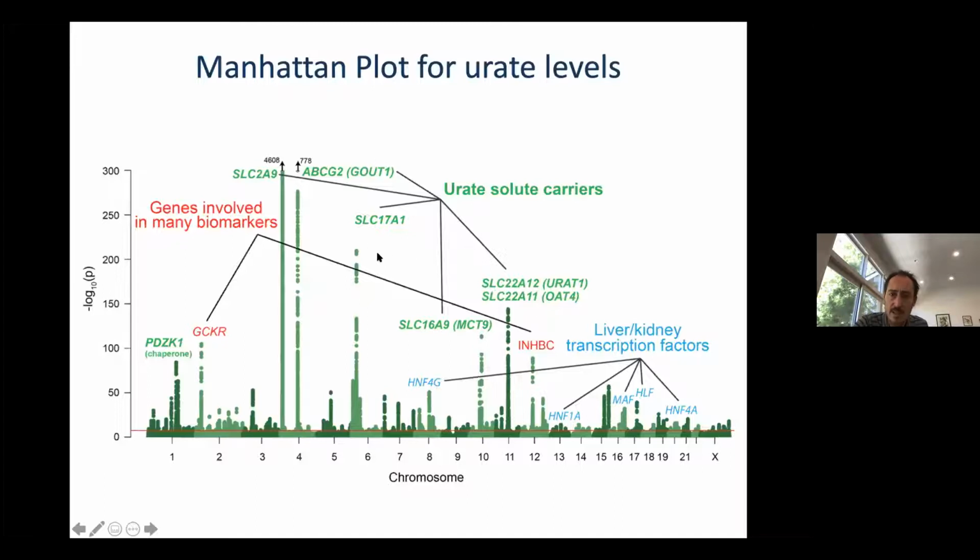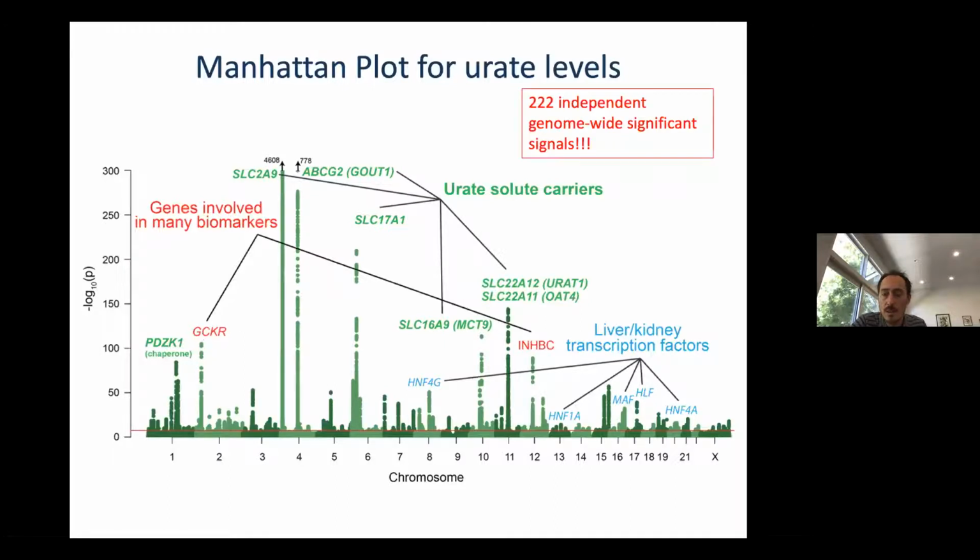The second category of genes that we see a bunch of hits for are transcription factors that are involved in liver and kidney development, shown down here in blue. Lastly, among the top hits, there are a couple of other genes marked in red whose function is a little bit less clear, but they're also hits for a bunch of other biomarkers. So they're clearly doing something important, though we don't really understand their biology at this point.